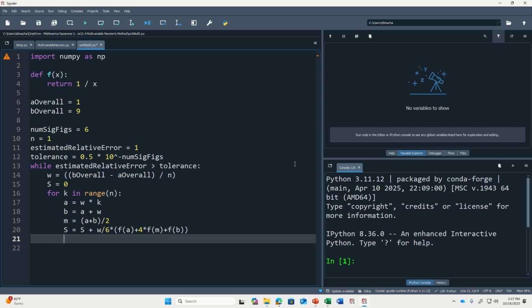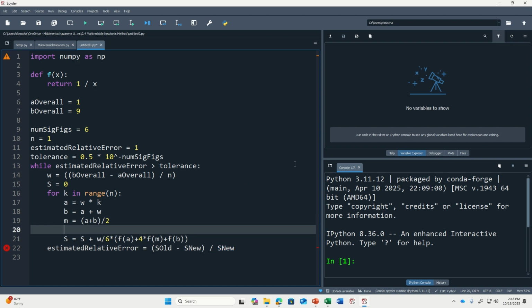Then we need to calculate the error. So the error is going to be estimated relative error. I don't know what the true value is, and so I can't calculate the exact relative error, but I can estimate what the relative error might be by taking my previous approximation, which we call S old, minus my new approximation, divided by S new.